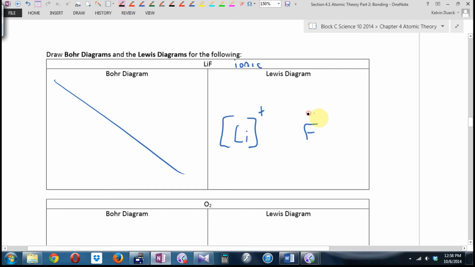Fluoride normally looks like 1, 2, 3, 4, 5, 6, 7. But what will its outer shell look like now that it's an ion? Where did it get that 8th electron from? Ionic. I want it, says the nonmetal. Lithium can't have it. And I said ion, so we draw the square brackets and the minus.